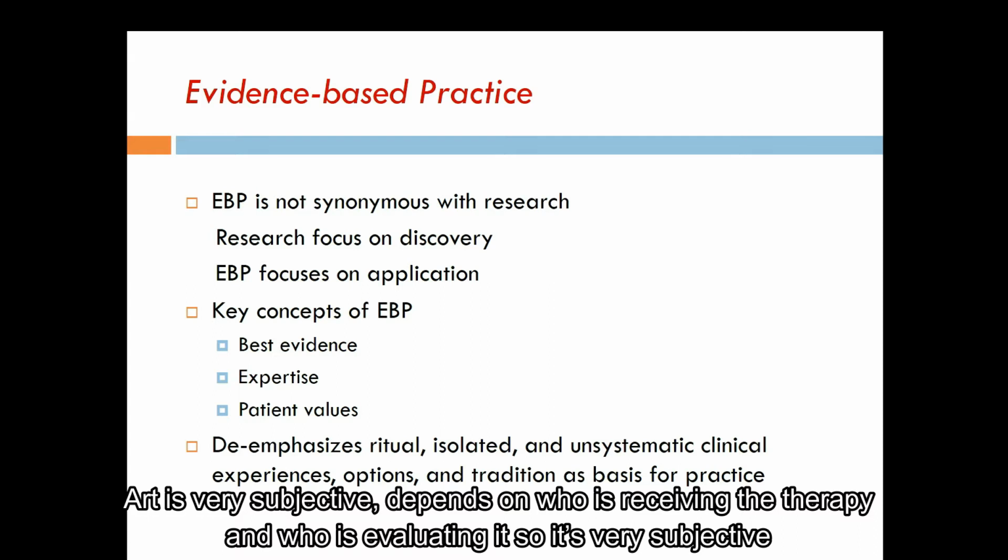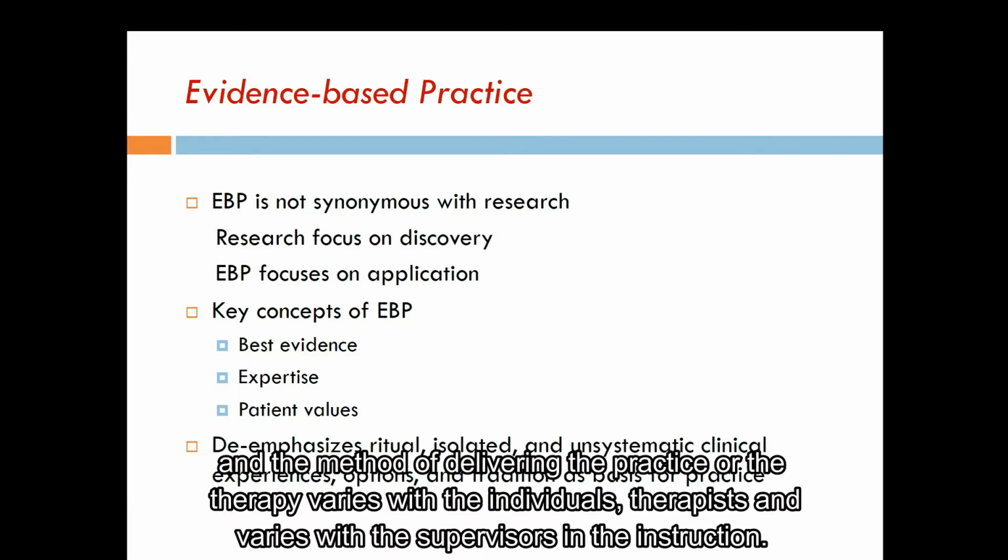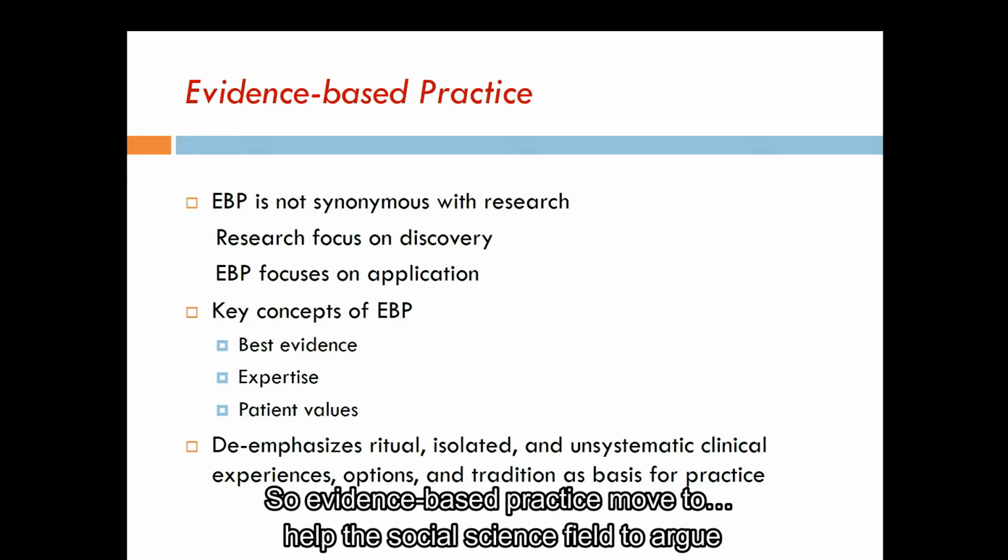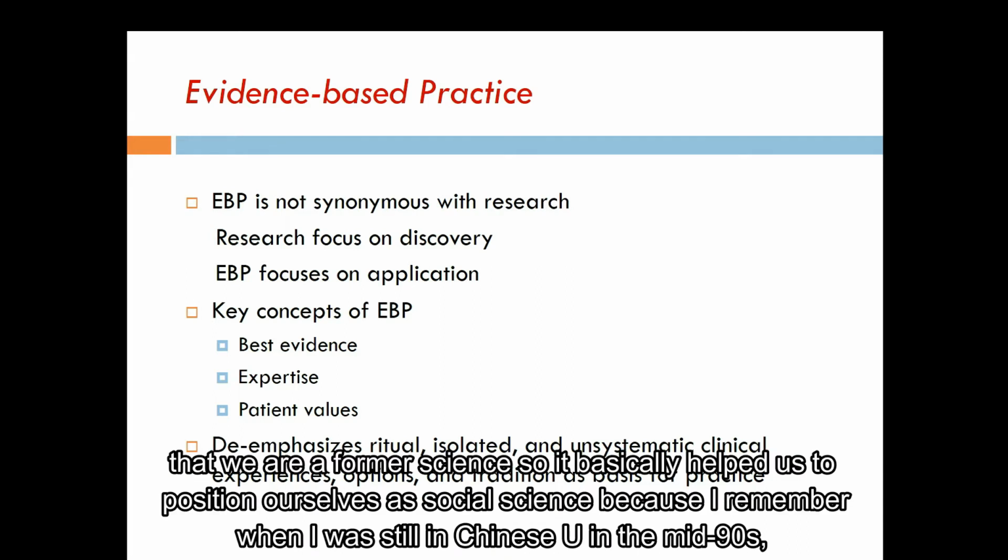It depends on who is receiving the therapy and who is evaluating it. The method of delivering the therapy varies with individual therapists and with supervisors' instruction. So evidence-based practice helps the social science field to argue that we are a form of science. It basically helps us position ourselves as a social science.